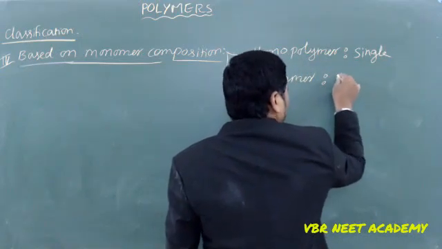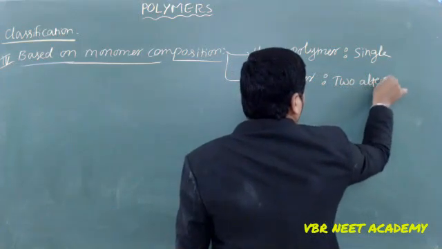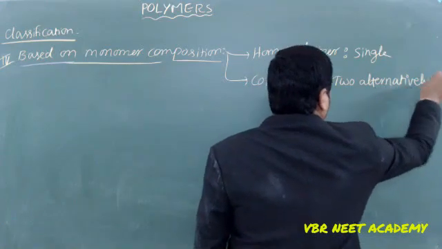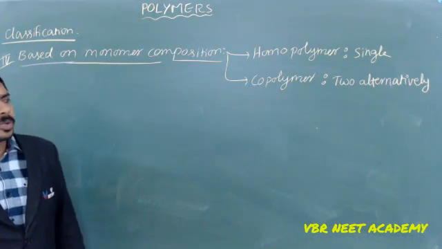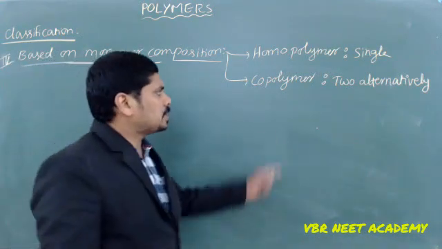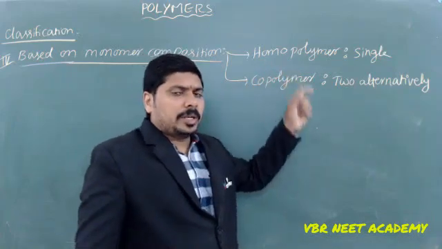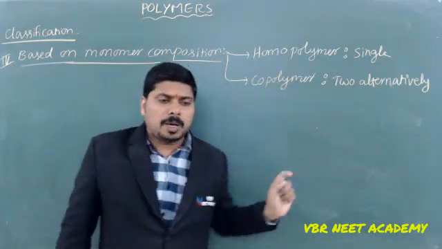Copolymer means two monomers alternately form a polymer. If a single monomeric unit repeats continuously, we call it a homopolymer.